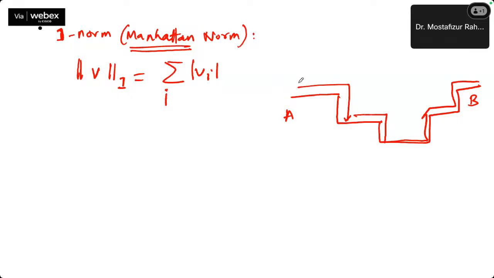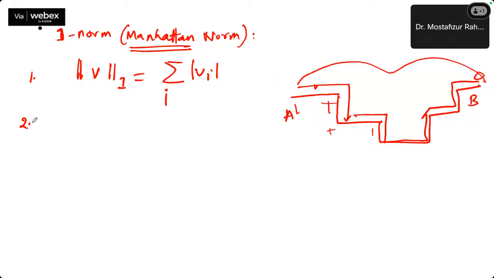You cannot directly just jump from here to here, because there are road blocks. So normally most of the roads we travel are in this way, and your total traveling distance is basically the individual sum. That's why this kind of distance is called the one norm distance, or the Manhattan norm distance. Basically you have the individual component-wise sum.